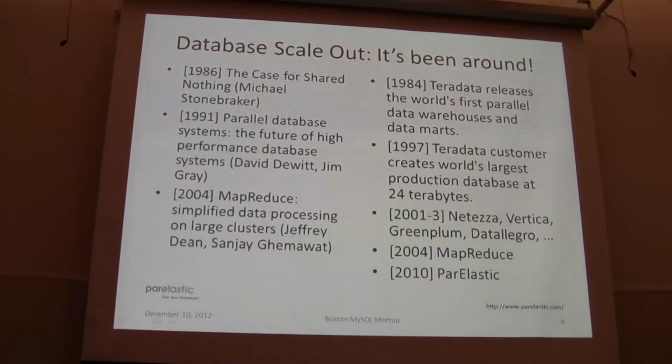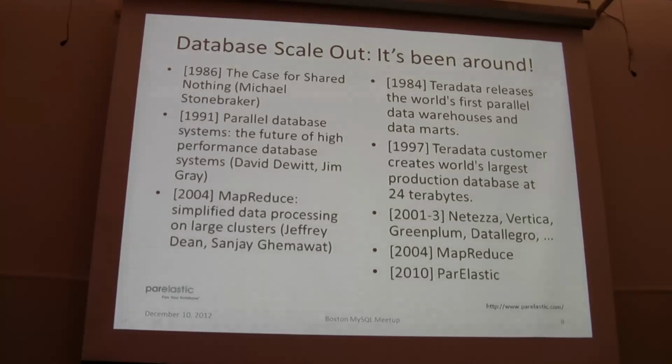And I just want to point out, parallel databases are not new. They've been around for a very, very long time. The column on the left shows some research stuff. For those of you who are interested, you search for those names, you'll find the appropriate papers. And the column on the right is companies which have actually produced products using these kinds of technologies.